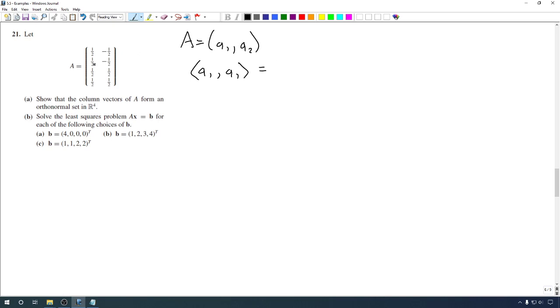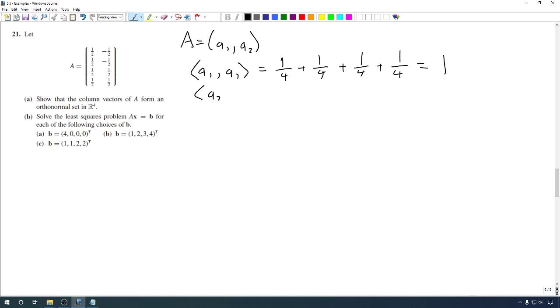A1 being 1/2, 1/2, 1/2, 1/2. So what is that norm? Well, we have the first one squared plus the second one squared plus the third one squared, fourth one squared. We have the sum of 4 1/4s, so we get a 1.